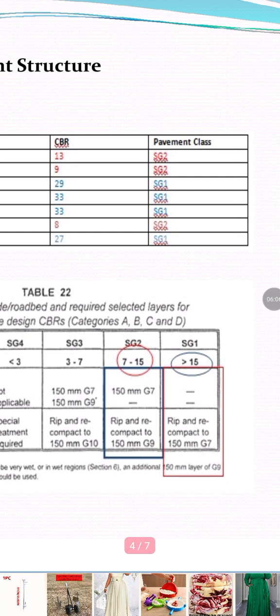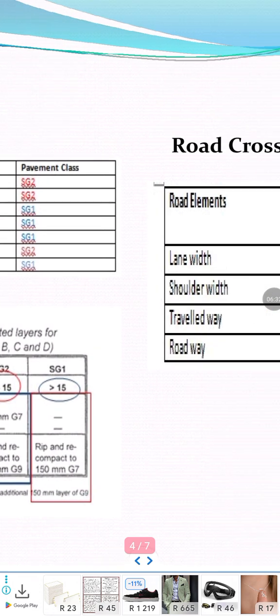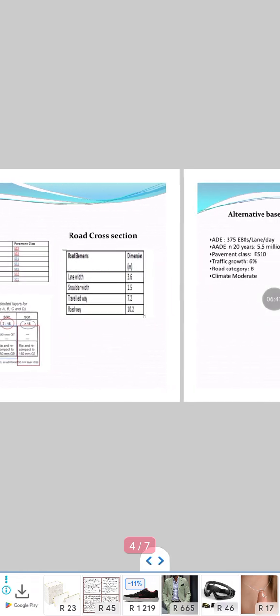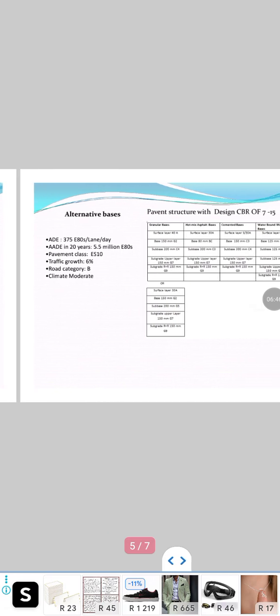So these are going to be our subgrade. For the bottom layer we rip and recompact 150 G9 for a design CBR of 7 to 15, and the top layer will be 150 millimeter G5. But where the CBR is greater than 15, we only rip and recompact to 150 millimeter of G4. For our cross-section, the lane width is 3.6, the shoulder width is 1.5, our travelway is 7.2, and the roadway is 10.2.